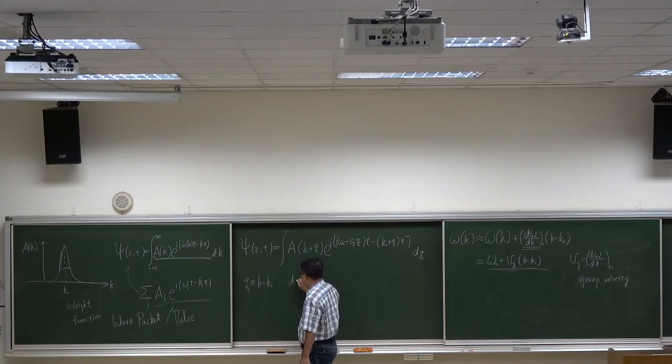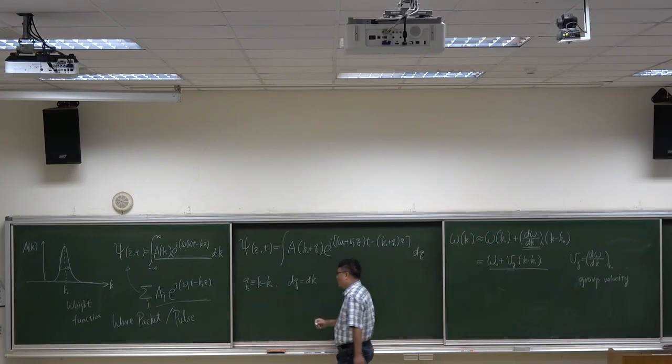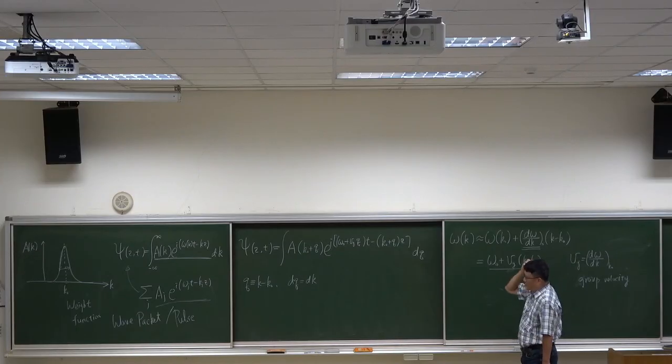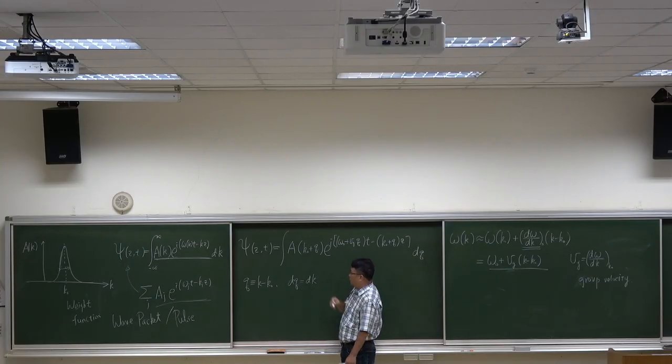Because k naught is a constant, not a variable, dq is equal to dk.